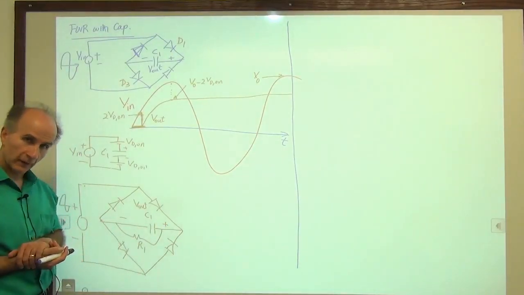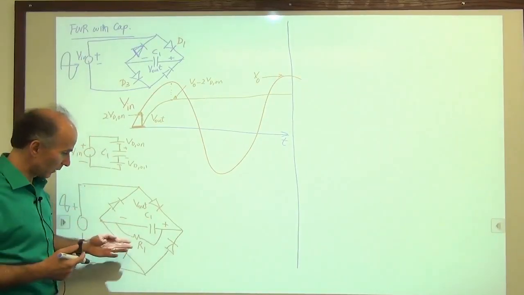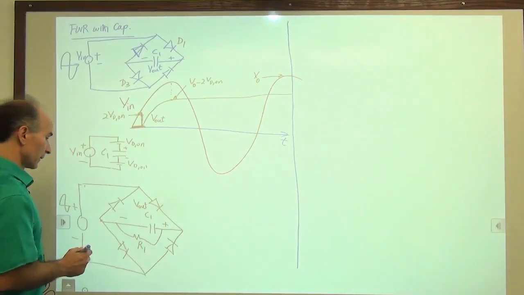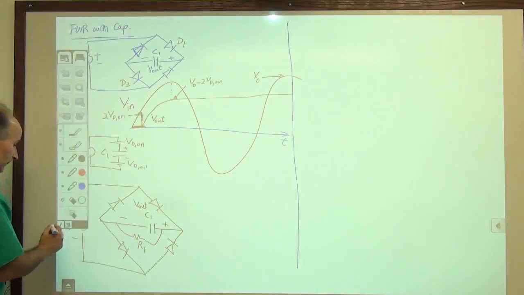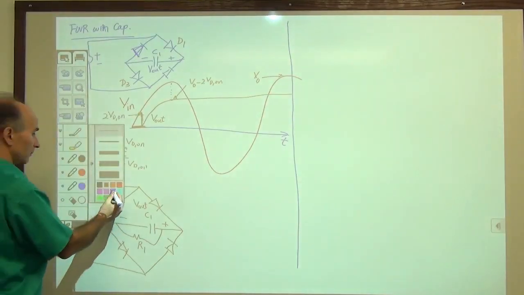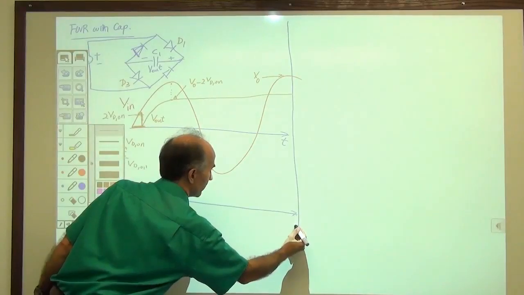Let's try to plot V out for different cases and gradually see what happens when we have a resistor and a capacitor. So here's what I will do. Let's change the color to blue. We draw our time axis.